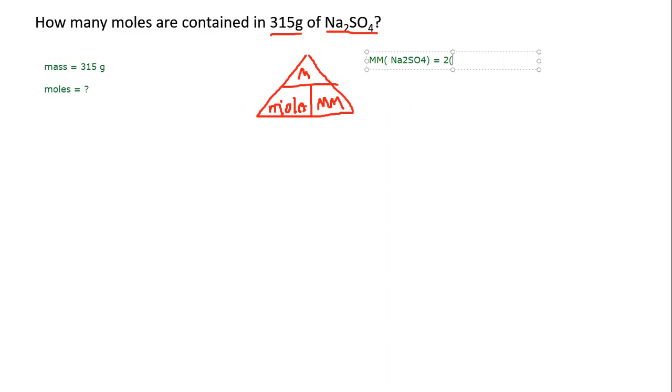And if we look at the periodic table, again, it's the decimal number below sodium, typically. It's 22.99. So there's two sodiums, each 22.99. Then we've got one sulfur. Sulfur is 32.06.